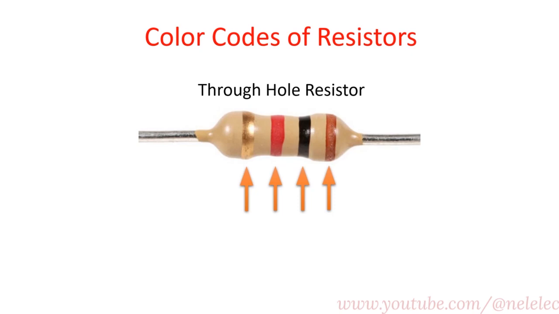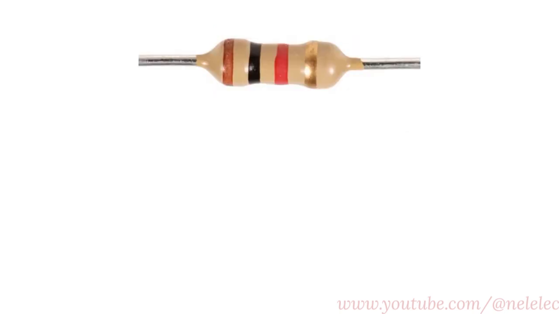This is referred to as the fourth band. In order to read the value of a resistor from its color bands, it's preferable to position the resistor in a way that the gold color band, or the fourth band, which is farther apart, is on the right side for us. We do not use the fourth band when reading the resistance value.